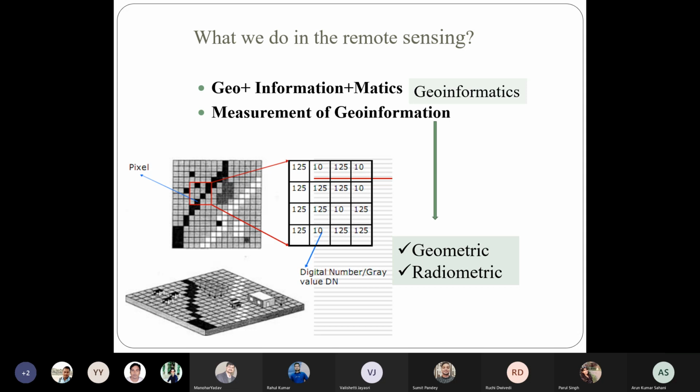Sorry for the interruption, sir. Visuals are not coming, sir. The slide is not on screen. Is it the case for all of you? No, sir, it's coming. Can you see the PPT at your end? You can check the bandwidth available with your internet connection.